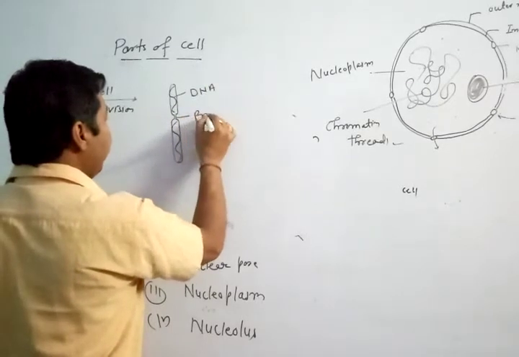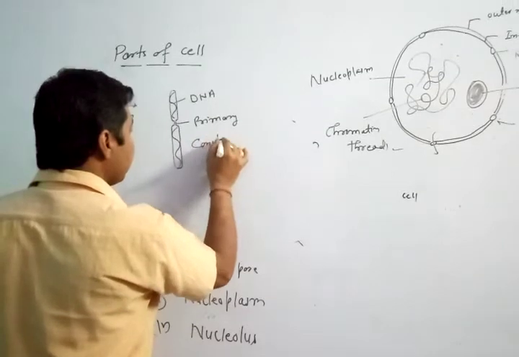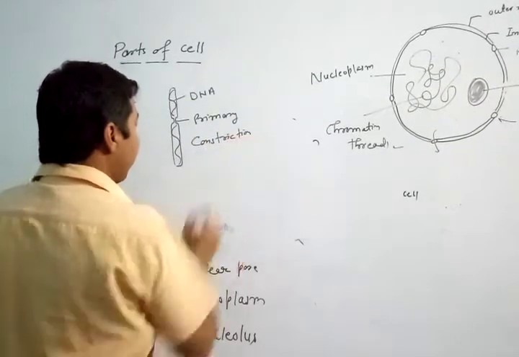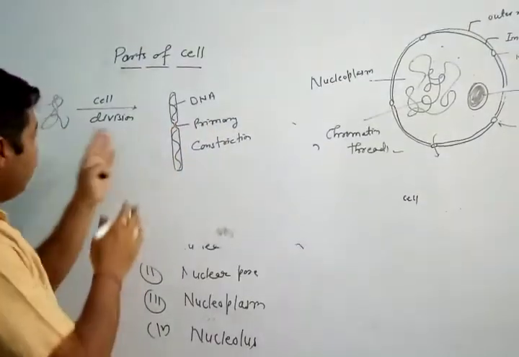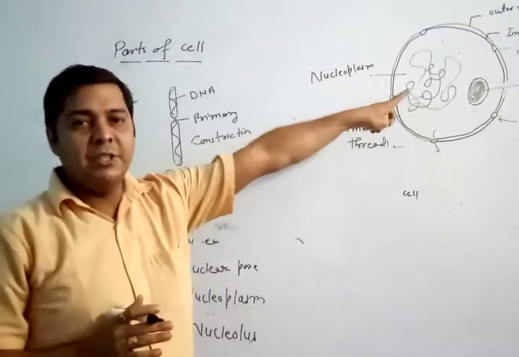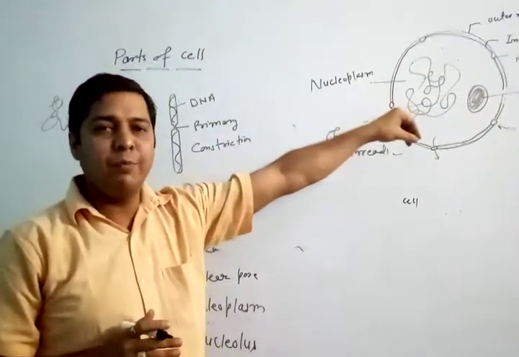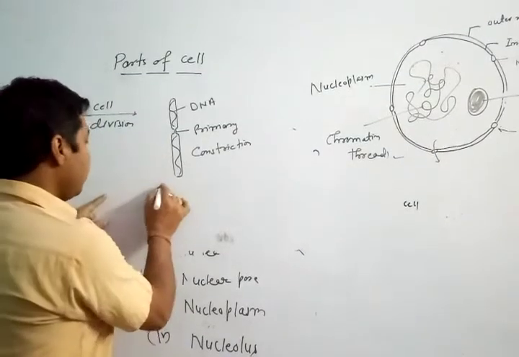This is called the primary constriction, or centromere. So chromosomes are formed from chromatin threads, which are present inside the nucleoplasm.